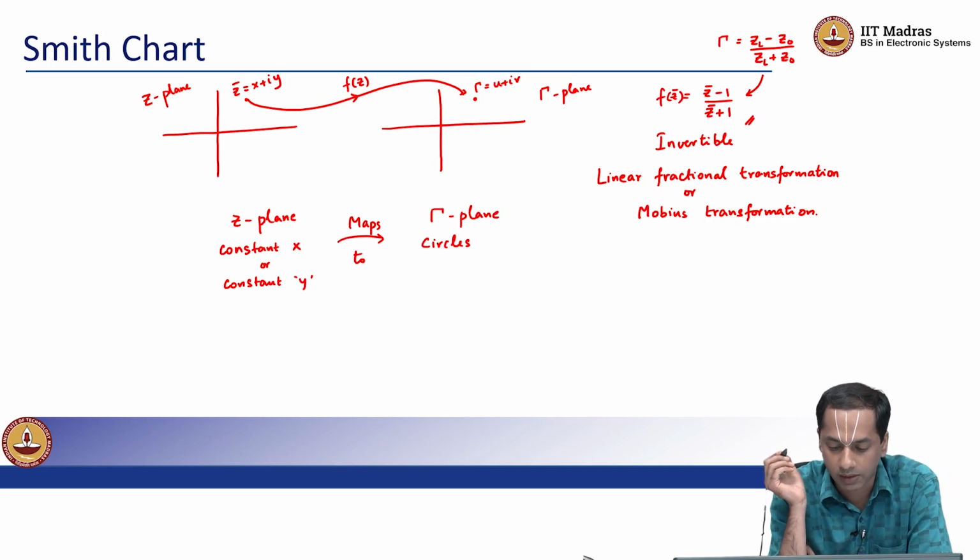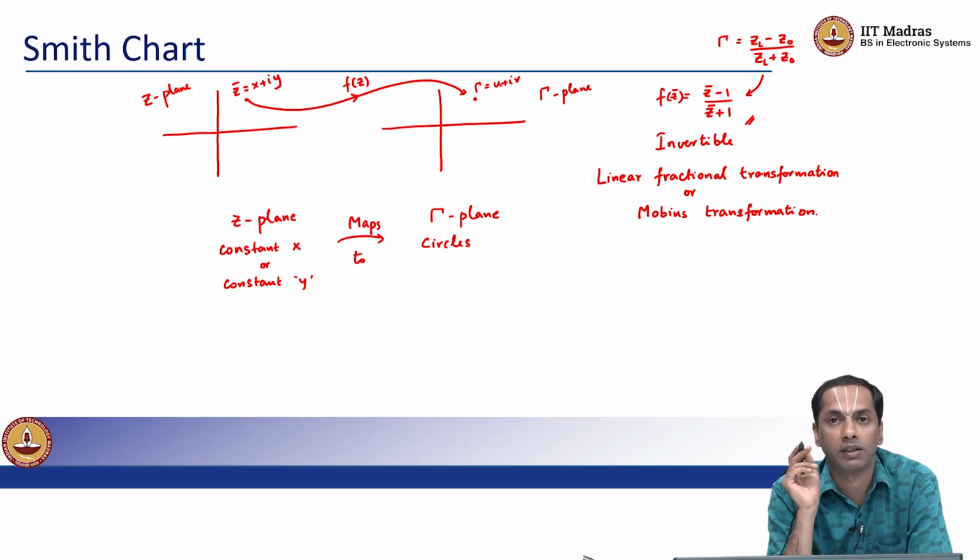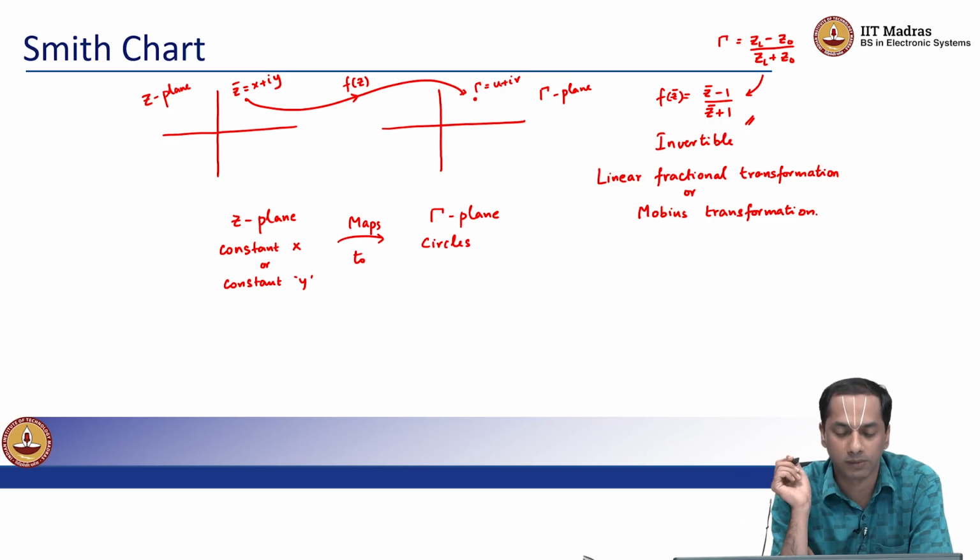So the analytic function f of z essentially maps lines of constant x and constant y in the z plane to circles. We'll take a quick look at that.